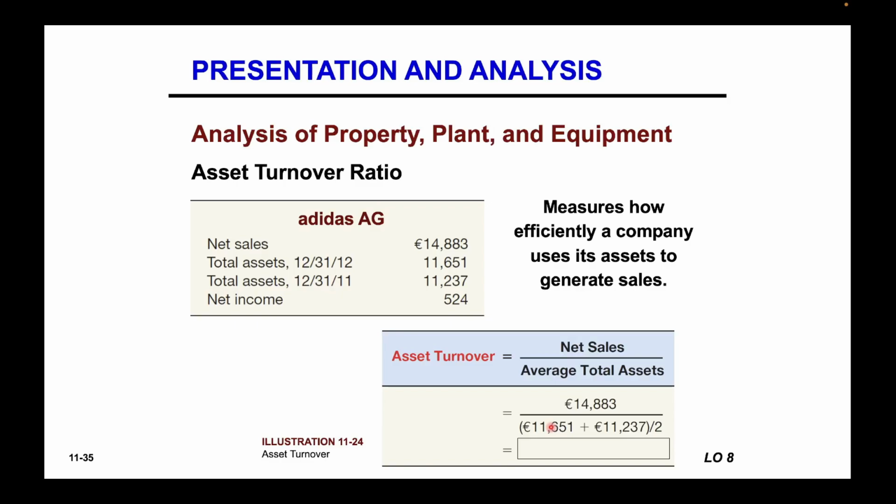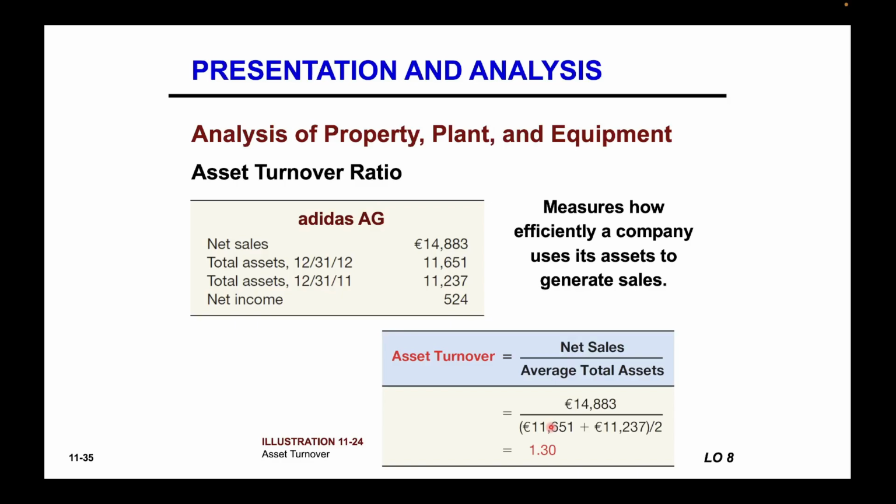That gives us 11,400 something. Then, to obtain the asset turnover, we apply the formula: net sales divided by the average total assets. It gives us 1.3.